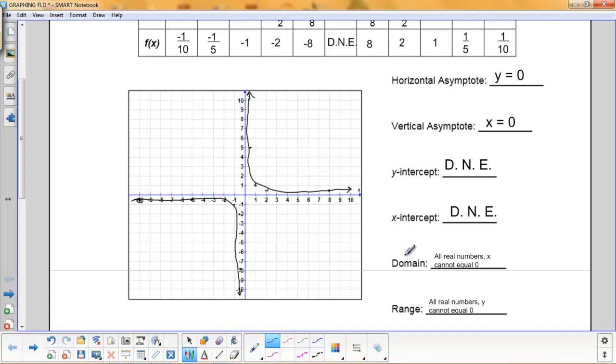Rational parent functions have a domain which encompasses all real numbers, but it will never equal whatever the vertical asymptote is. So it'll always be all real numbers with the exception of whatever the vertical asymptote is. In this case, it cannot equal 0. Range, generally speaking, will follow the same rules as the domain.